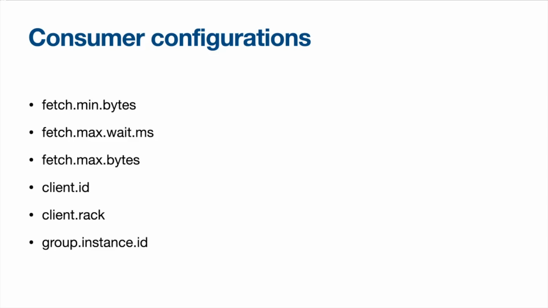And the next one is client ID. So this is different from your group name or group ID. Client ID is optional and a much broader ID, one can say.